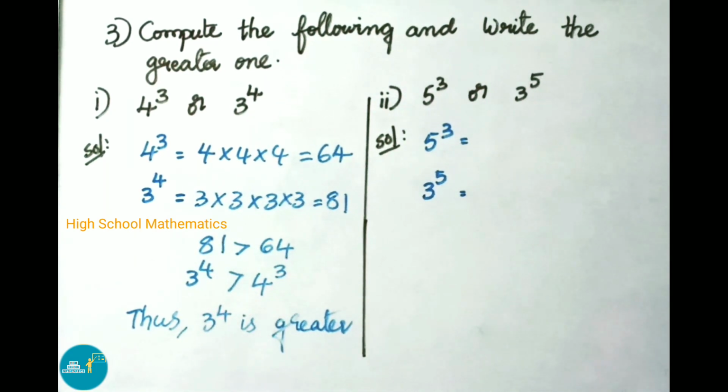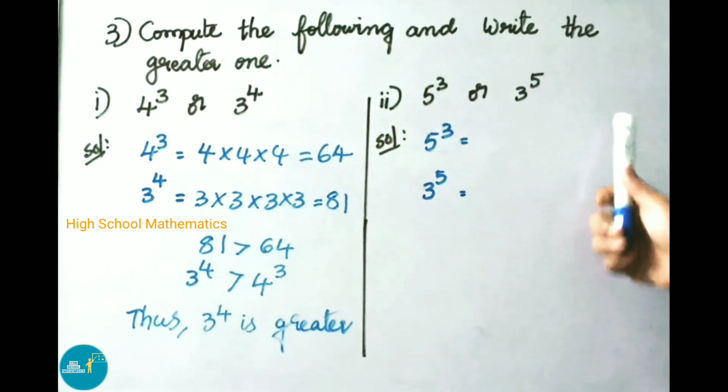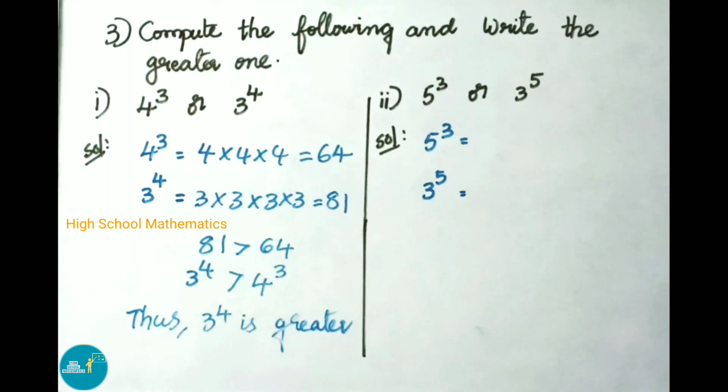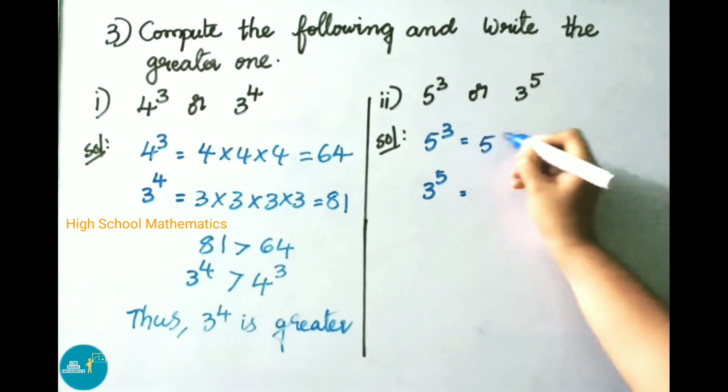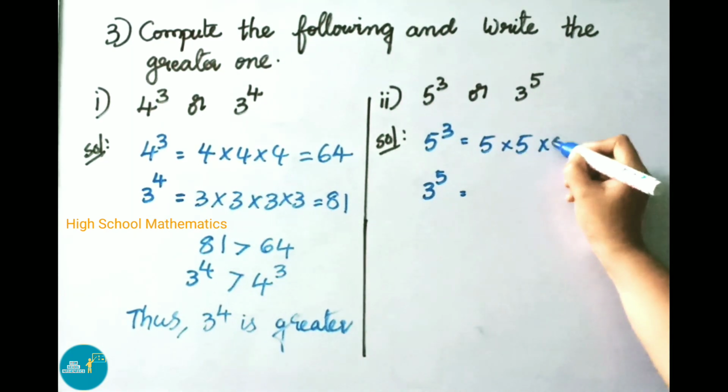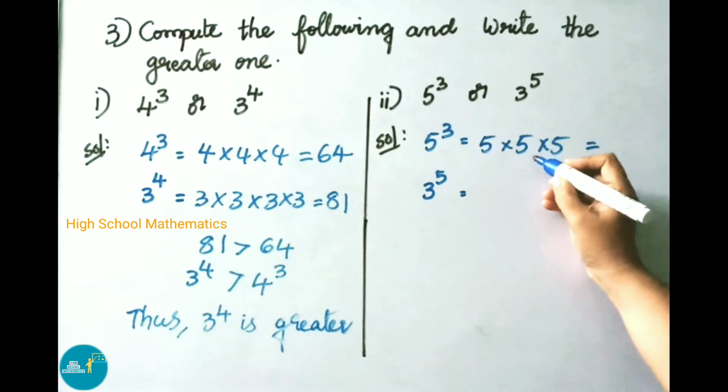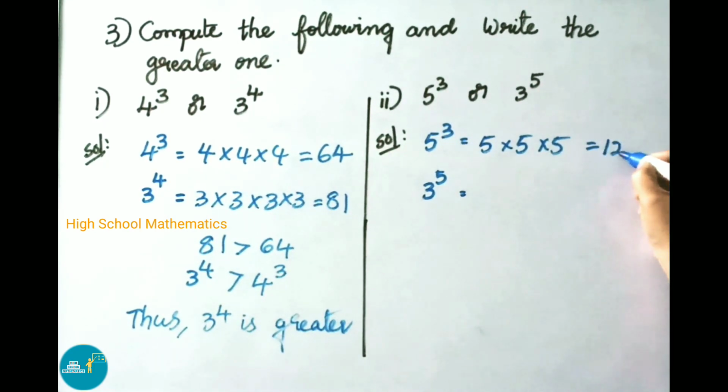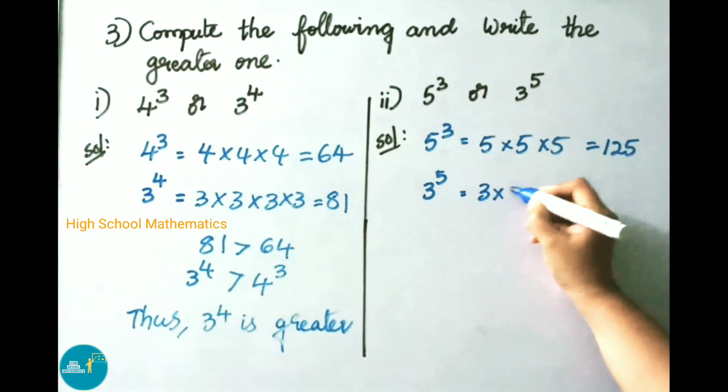Now question number 2. 5 power 3 or 3 power 5, which is greater? 5 power 3 means 5 multiplied 3 times. That equals 5 5s are 25, 25 5s are 125. Next, 3 power 5, that is 3 multiplied 5 times.